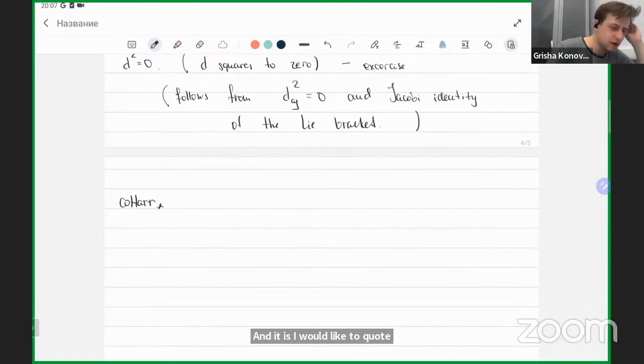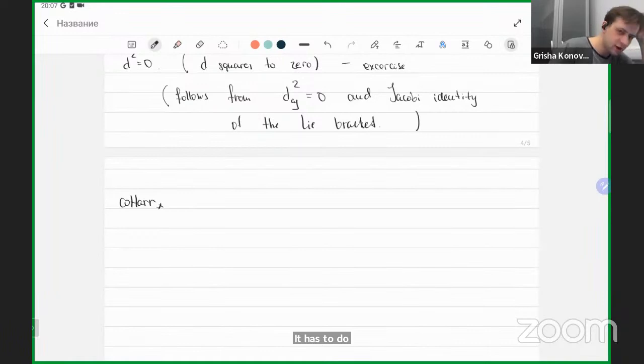Har is from Harrison. It has to do with Harrison homology and cohomology of an algebra. And this functor goes from cocommutative, co-nilpotent coalgebras to Lie algebras.